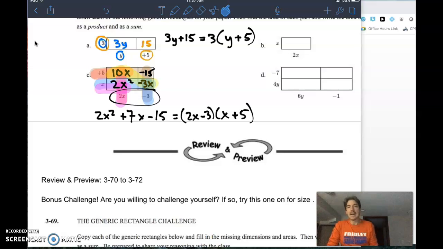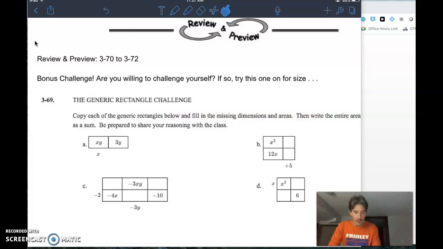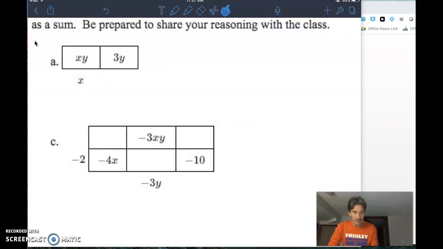We've got number 69 in the book, and I didn't have time for the sake of this video to do this, but I'm going to show you that we have a generic rectangle challenge here. If you're going to push yourself, try to figure out what algebraically fills in this blank. So you might ask yourself this question: what goes there? And if I know what goes there, could I figure out what goes here, here, and here?